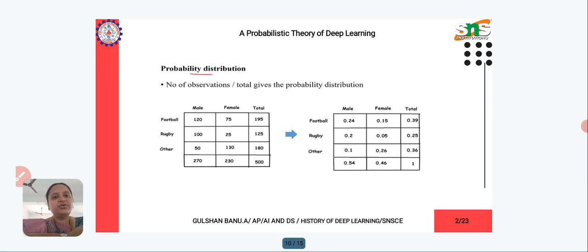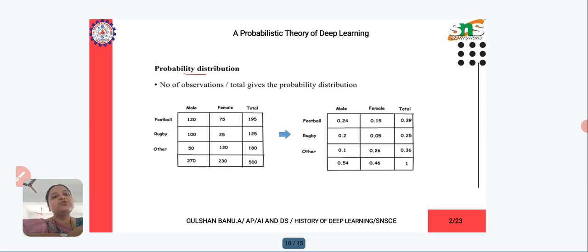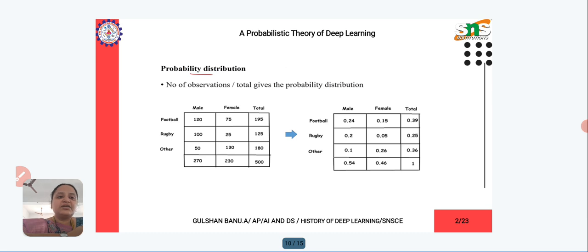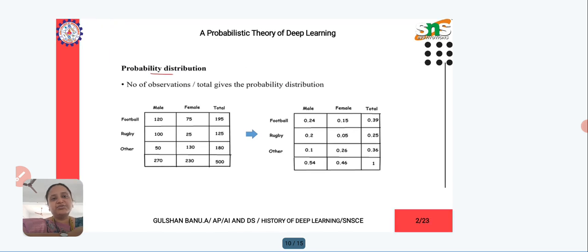For example, when you divide 120 by 500, we get 0.24. Likewise, 75 by 500 and 195 by 500 each give a different value. 100 by 500 gives 0.2, and 25 by 500 gives 0.05. Likewise, you will have different probability distribution values.